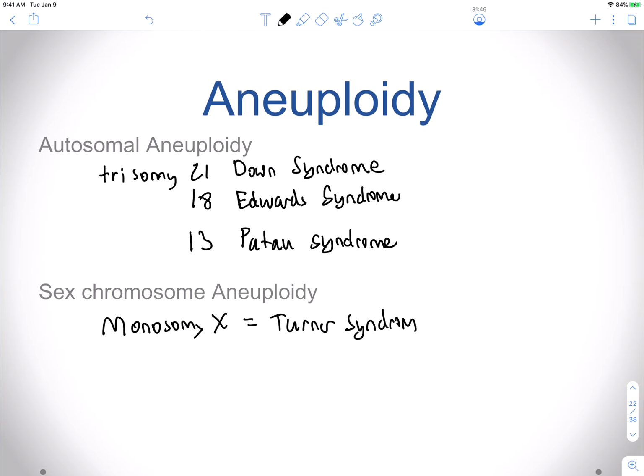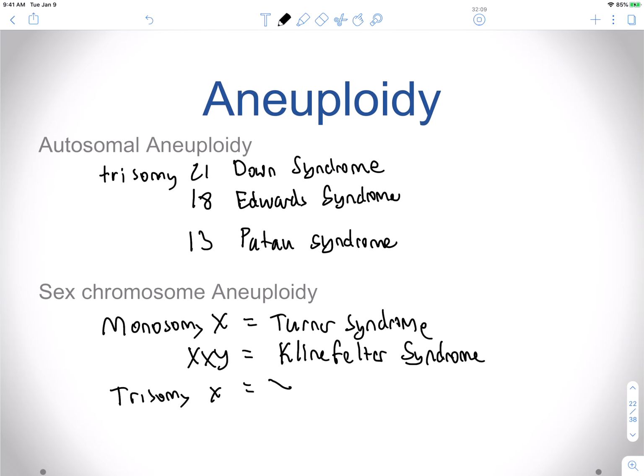You have Klinefelter syndrome, which is XXY. And you have trisomy X, which is 47 XXX. And then you also have 47 XXY syndrome.